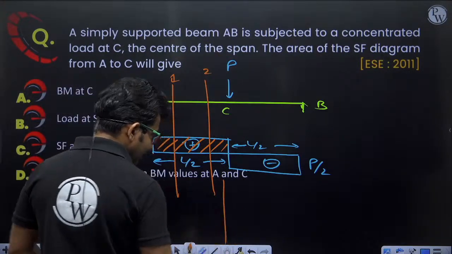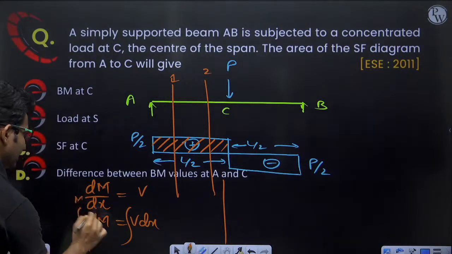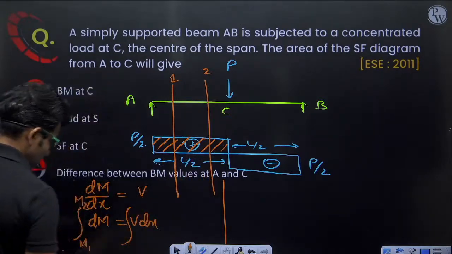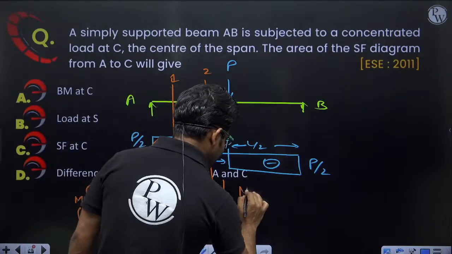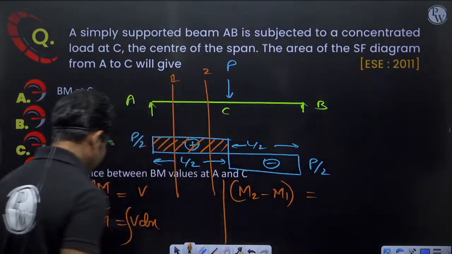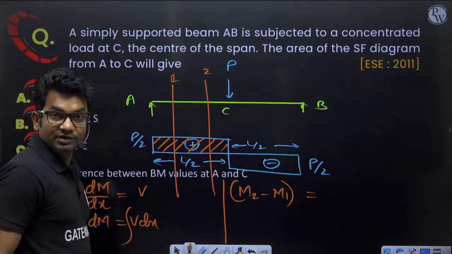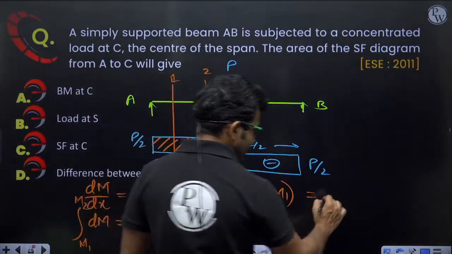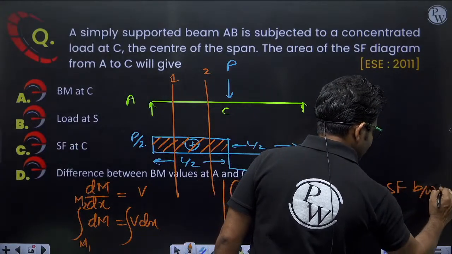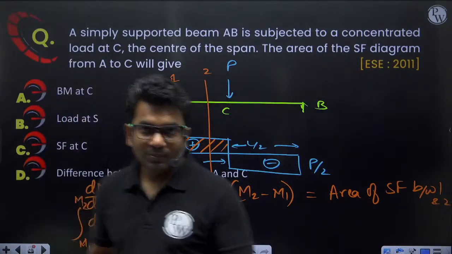At section 1 the bending moment is M1, and at section 2 it is M2. So it will be M2 minus M1, and that will be the integration of V dx. Integration of V dx gives this area, the area of shear force between 1 and 2. Now this much is clear.